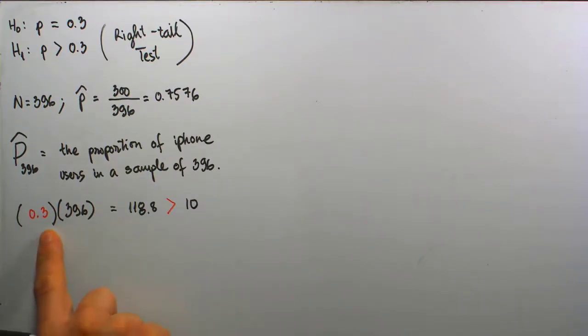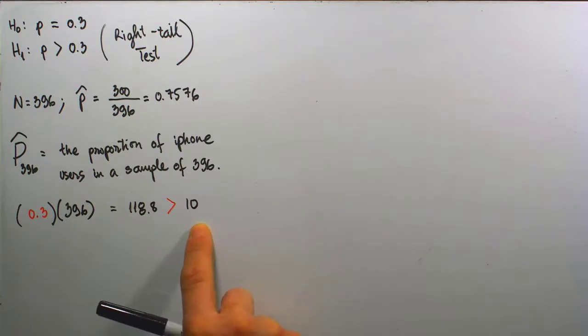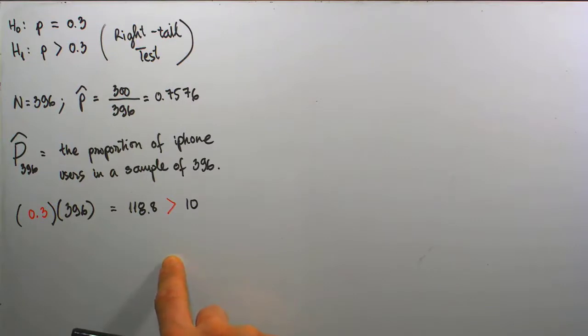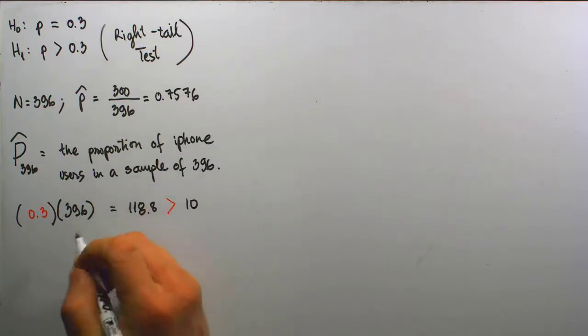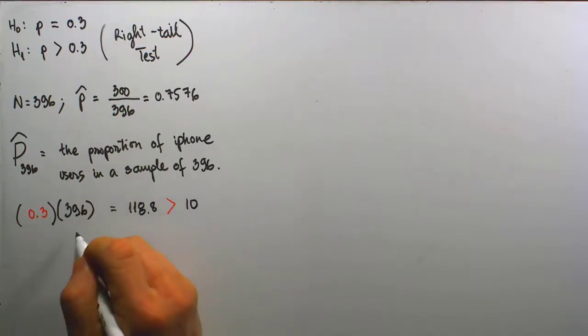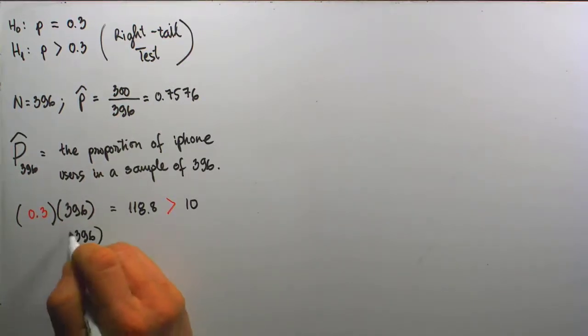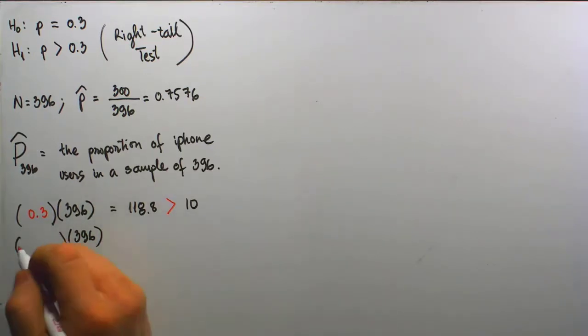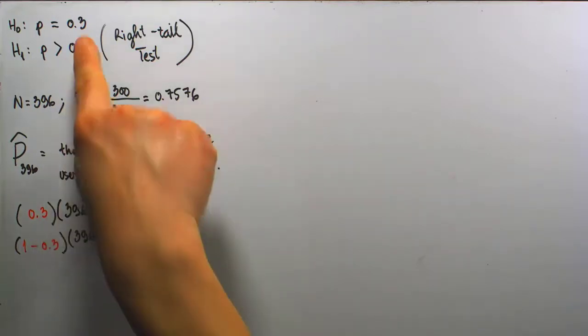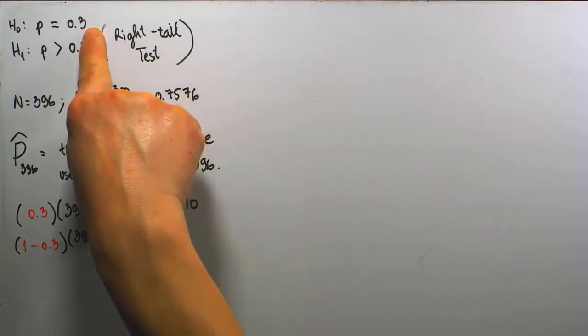So I call this a requirement check, and we will get a better understanding of why we have this requirement check as I move on through the steps. But this is not all of the requirement check steps yet. The same sample size, 396, I am going to multiply with, and again, allow me to write that in red ink, 1 minus 0.3. So 0.3 came from the value claimed in our null hypothesis.